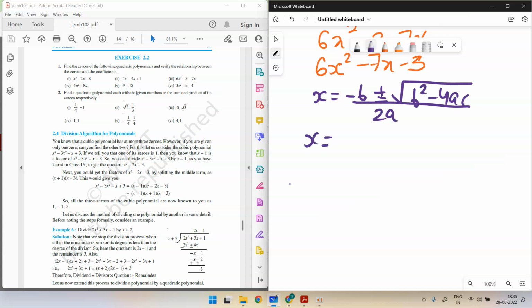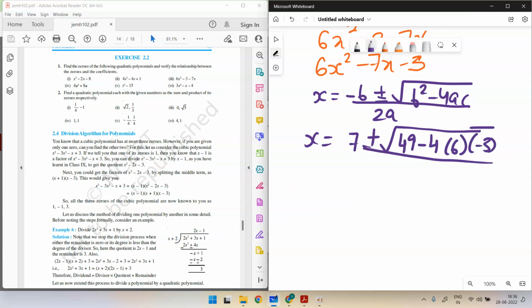So x is minus b, here b is minus 7, so this will be plus 7. And b squared is minus 7 whole squared, which is 49, minus 4 into a, which is 6, into c, which is minus 3, by 2 into 6.